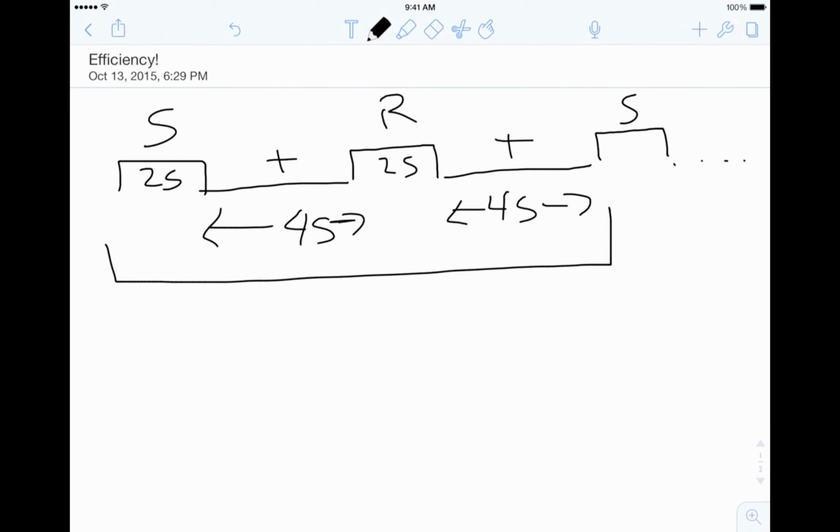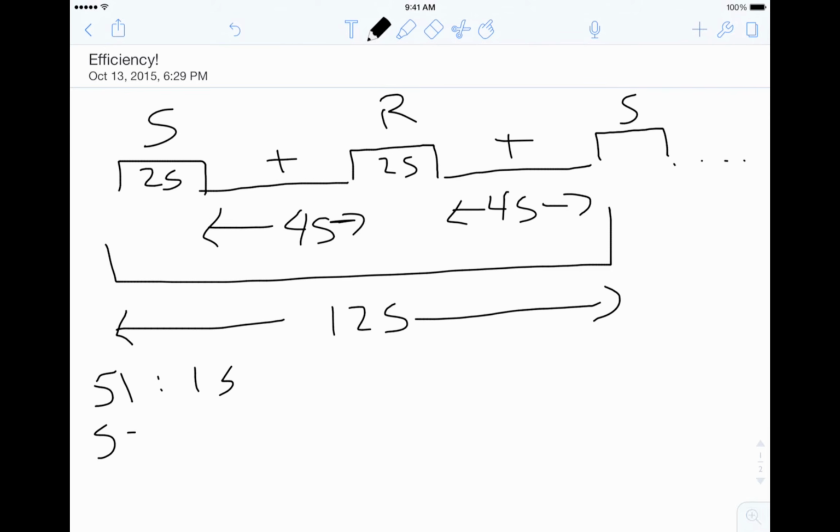So this whole thing is 4 plus 2 is 6, times 2 is 12 seconds long. So the time between the beginning of one stimulus and the beginning of the next stimulus is 12 seconds. The first stimulus occurs at 1 second. So stimulus 1 is at 1 second. Then stimulus 2 is going to be at 13 seconds.